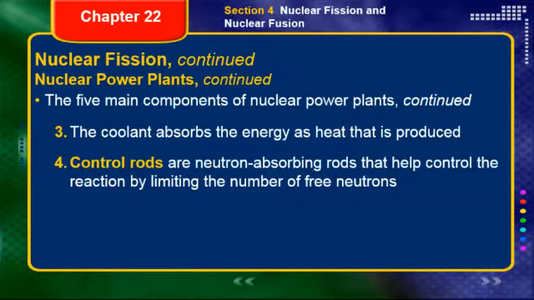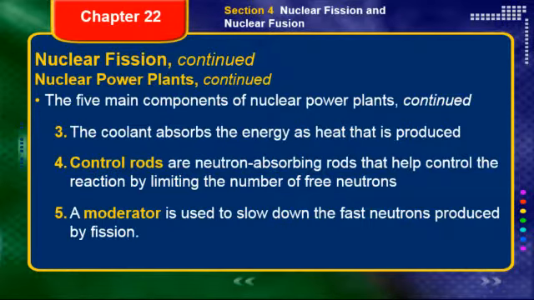If that happens, you're going to generate too much heat to be controlled, and you're going to start a meltdown. So control rods are put into place to absorb some of these extra neutrons, reducing the number of particles that can start or continue a chain reaction, therefore limiting the speed and rate at which these reactions occur.